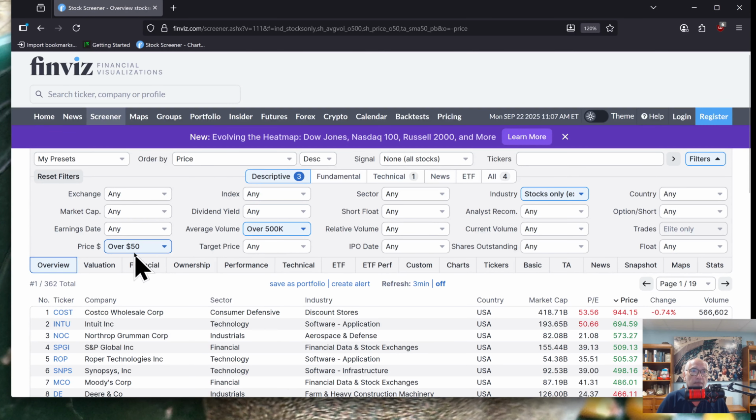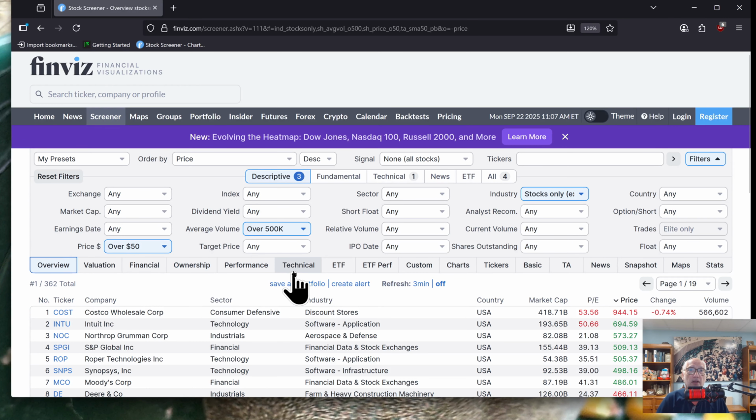I took stocks, not funds. A lot of funds are a scam, these inverse ETF things. And I took average volume over 500,000. I bet you didn't think there would be 362 stocks under their 50 moving average. That means they're in a longer term downtrend, which means you can find bearish patterns within those.